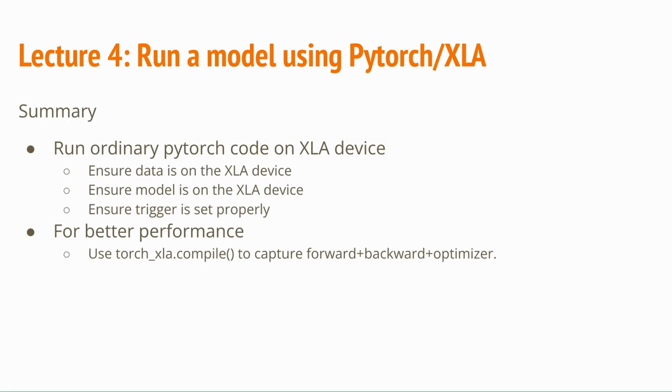Lastly, we need to ensure the trigger is set properly. In our demonstration, we demonstrated a huge gain after running the same PyTorch code with the same parameters on an XLA device. We gain about 20 times performance. And for better performance, we can use the torch compile function to capture the forward, backward, and optimizer all at once.